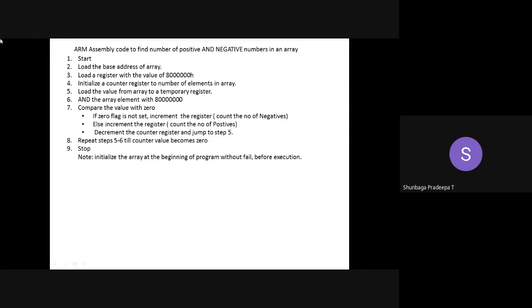Now we will use these branch instructions for our next coding to find the number of positive and negative numbers in an array. So let us take an array first, A, which has some 10 elements.